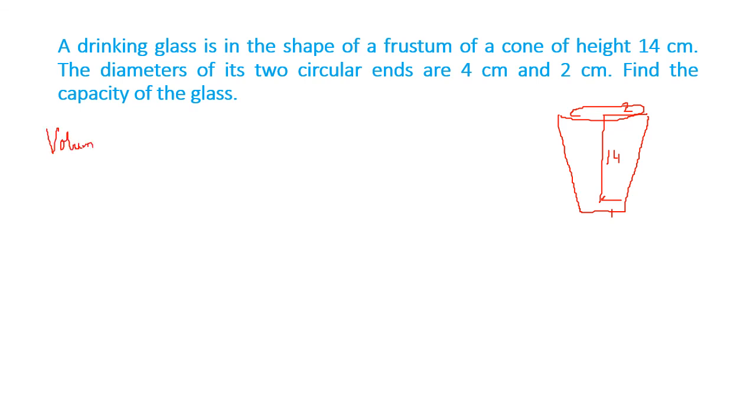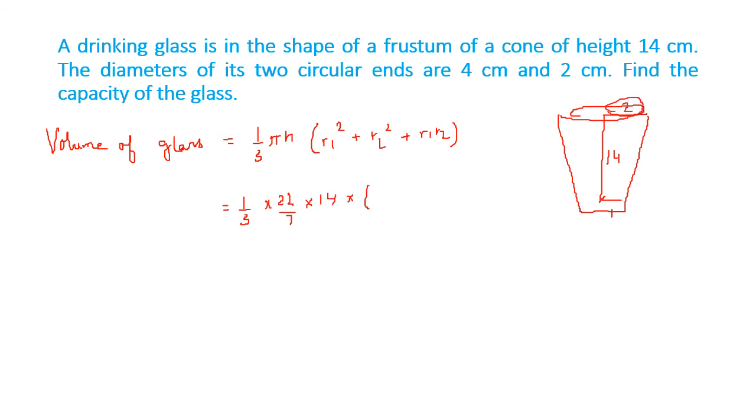So the volume of the glass is nothing but the volume of the frustum, whose formula is 1 by 3 pi h times r1 square plus r2 square plus r1 r2. We get 1 by 3 into 22 by 7. The height is 14. r1 square, the radius is 2, so 2 square is 4, plus r2 square is 1, plus r1 r2 is 2.